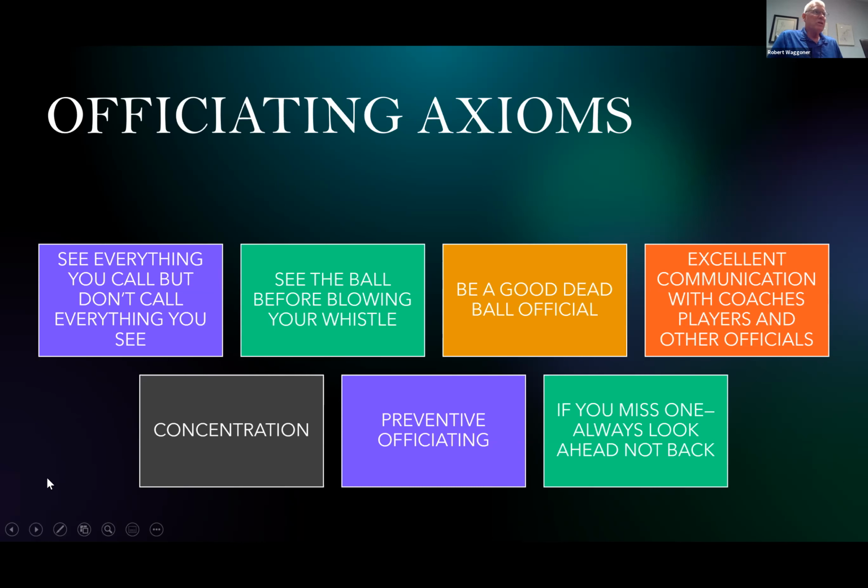So we have to be ones that have extremely short memories. I kind of look at it compared to the defensive backs. They're going to get beat once in a while. They can't let that one play affect the other 85 or 90 plays they're going to be involved in that they want to do the best they can.